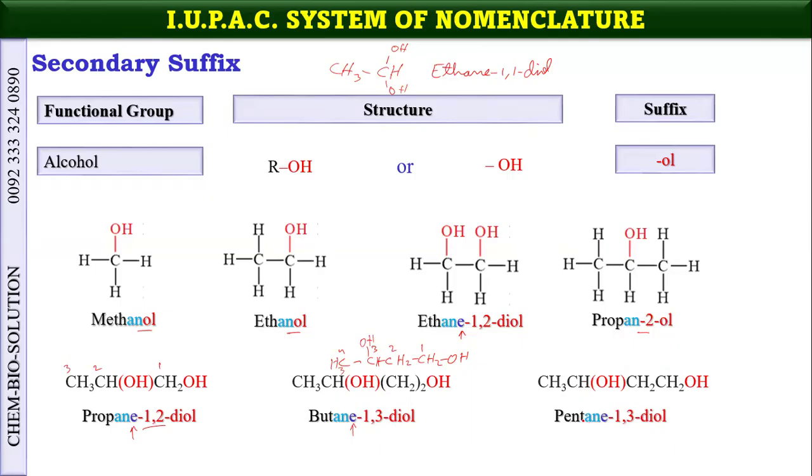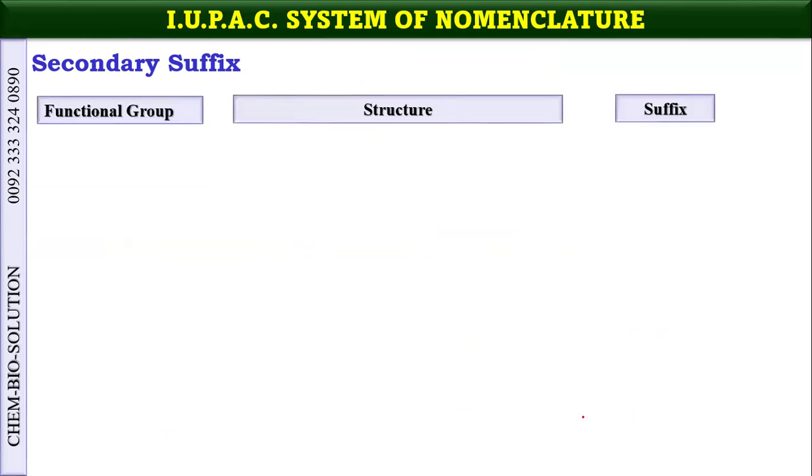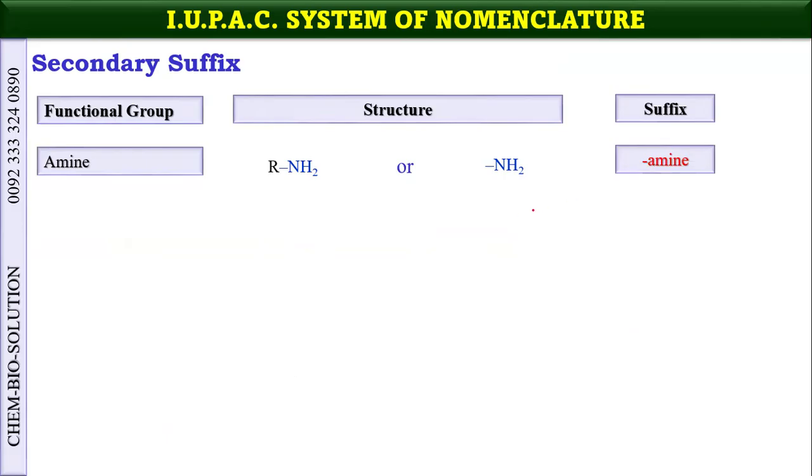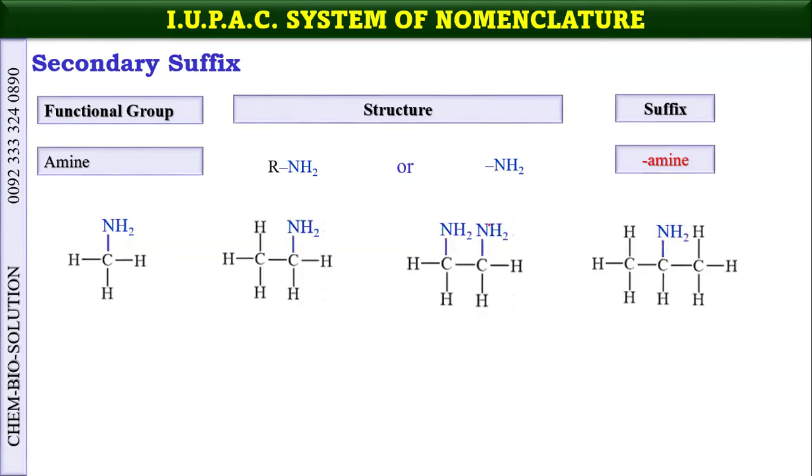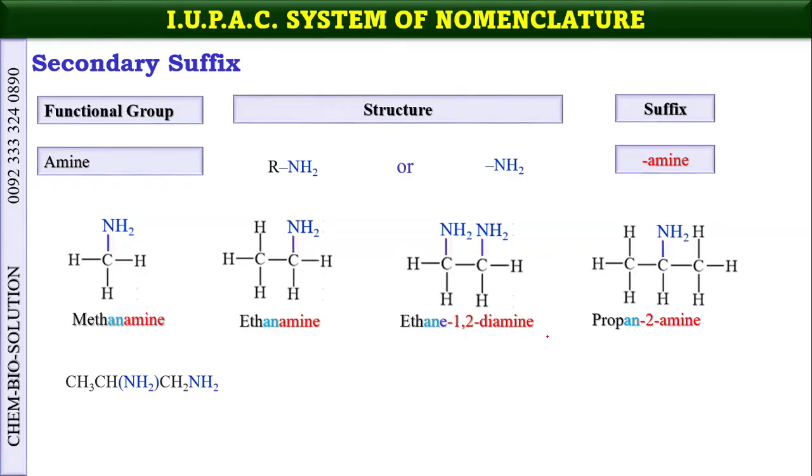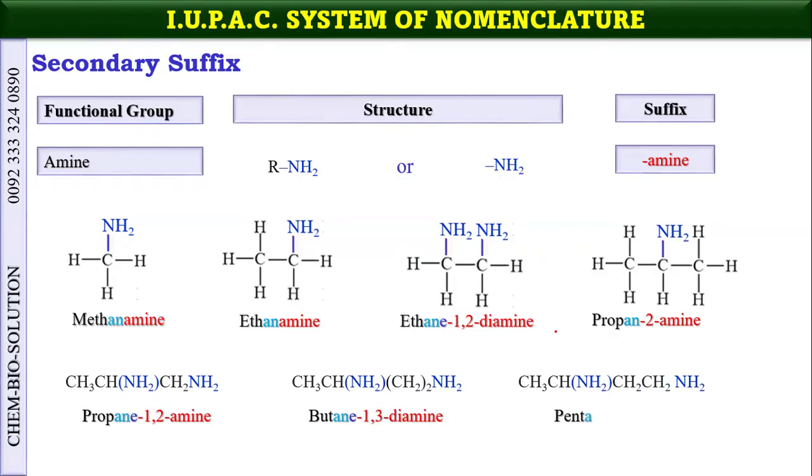Okay, and after alcohol, these are amines. Amines have the same way of writing the functional groups. Methanamine, ethanamine. Now ethane-1,2-diamine, numbering is necessary. Similarly, propan-2-amine, propane-1,2-diamine, butane-1,3-diamine, and pentane-1,3-diamine.